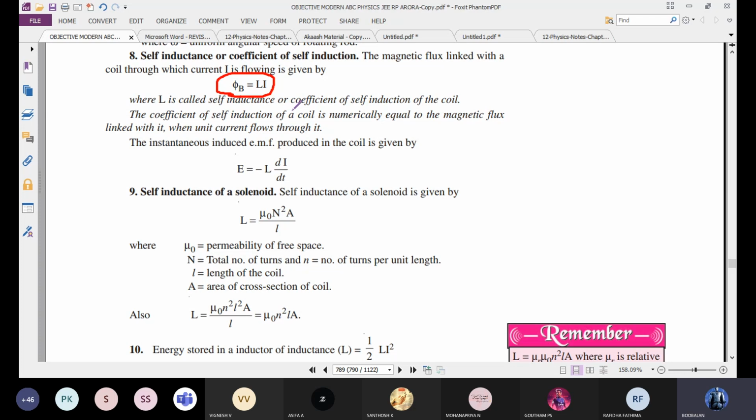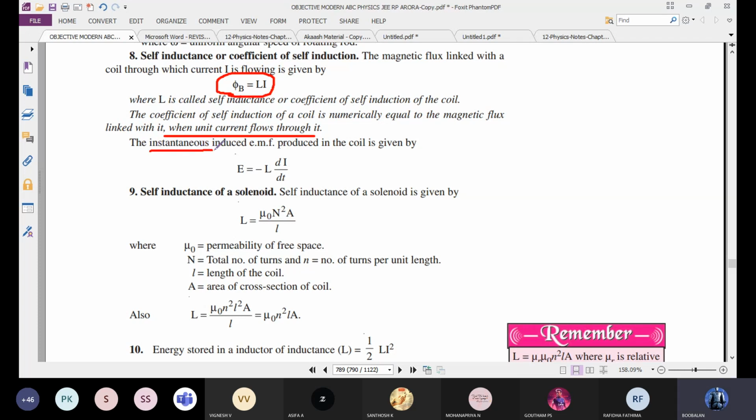The coefficient of self-induction of a coil is numerically equal to the magnetic flux linked with it when unit current flows through it. I value 1, the unit of current, then flux equals L.